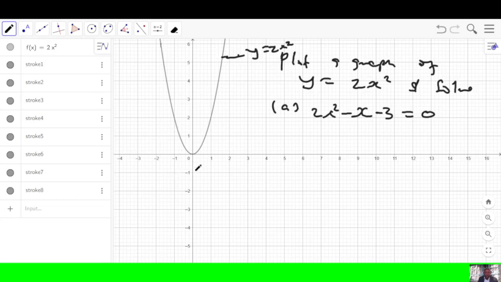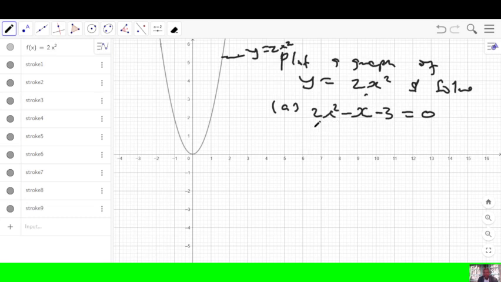Of course, because I'm using a program to plot it, but ideally from an exam setup, you'll be asked to plot between a given range. For example, maybe somebody will say the range is from x is -2 to x is 2. Anyway, the question is that we want to plot this graph, and then we solve for x, 2x squared minus x minus 3 is 0.